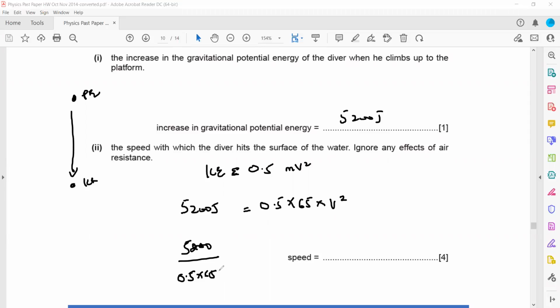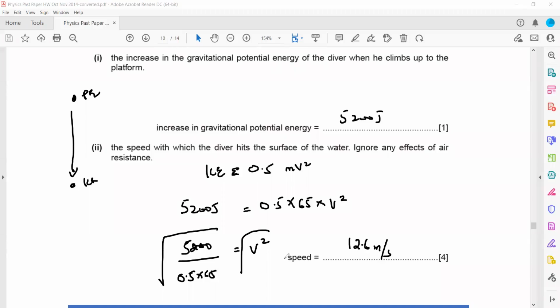So 5200 divided by 0.5 into 65 is equal to v square. But because it is v square, we need only v, so we take the square root. When we take the square root, it will give us 12.6 meters per second, the speed of the diver.